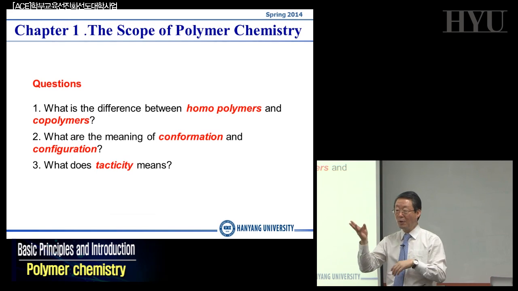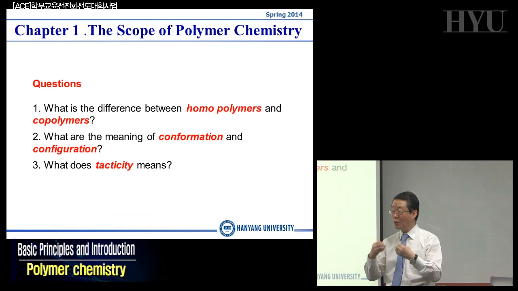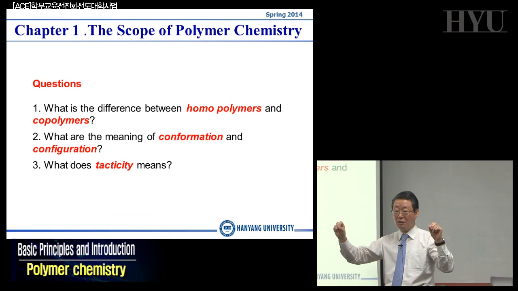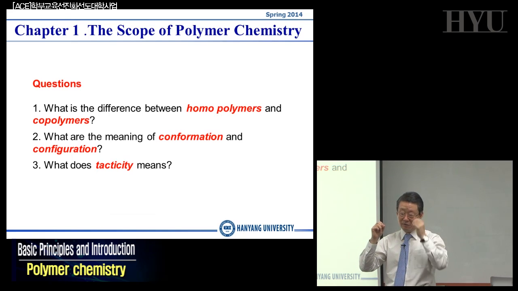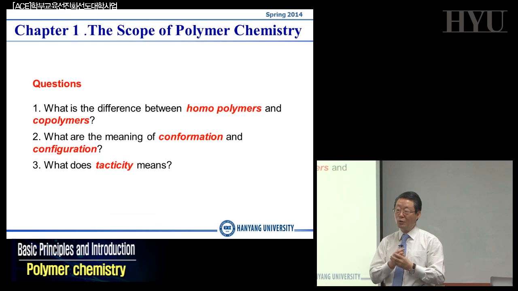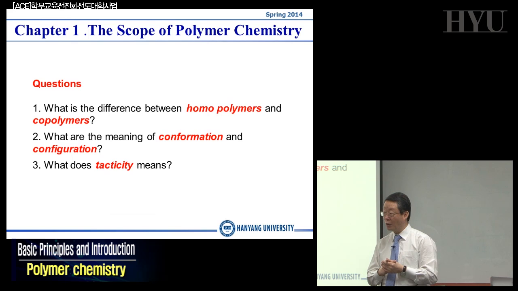So homopolymer and copolymer come from how many types of monomer you have in your polymeric units. Okay? So if you have only one monomeric unit, such as polyvinyl alcohol, we call that a homopolymer. But if you have two types of monomeric units, we call that a copolymer.